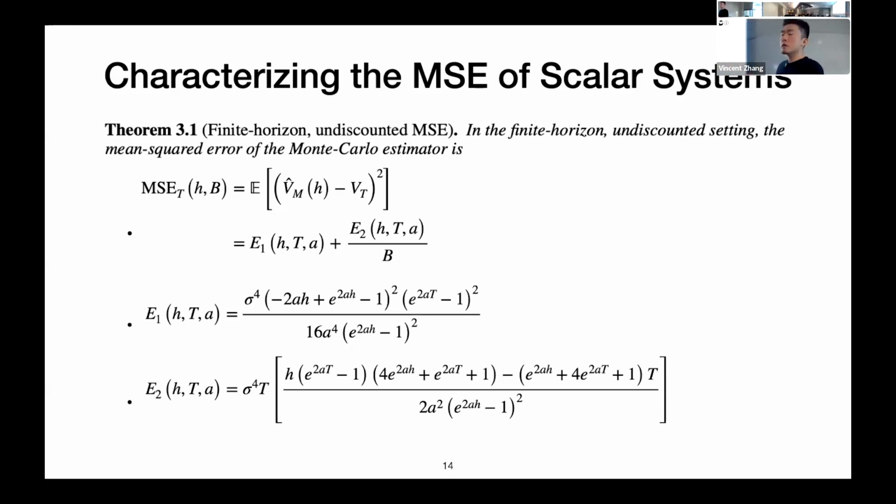It's hard to parse, but the idea here is that at least we have some exact expression of the MSE. So we can exactly quantify the error. And that's important, when we started this work, we wanted to start from exact results rather than bounds, because if we start from bounds, then it's harder to quantify the optimal step size.